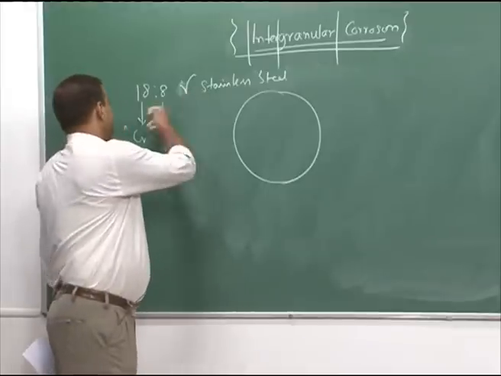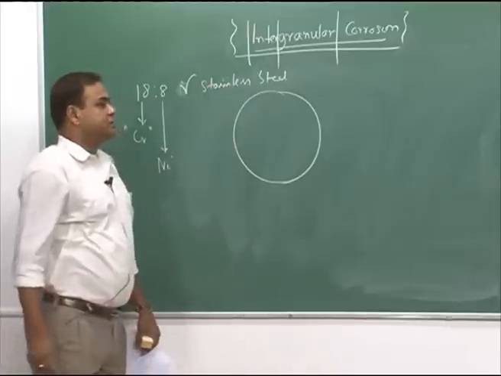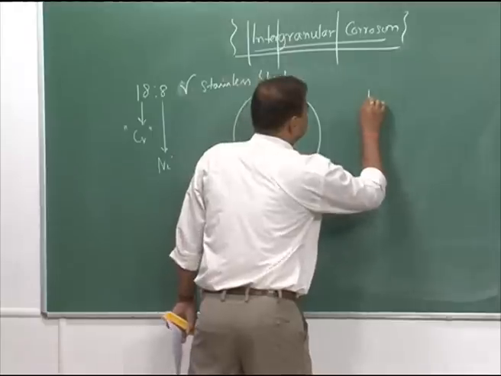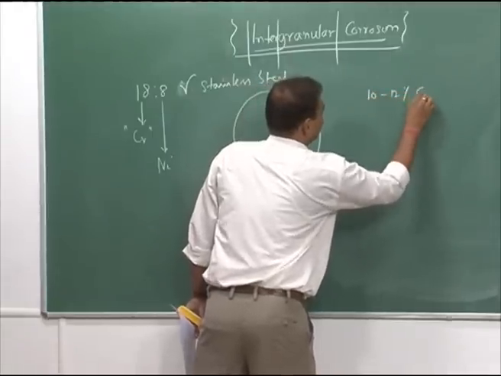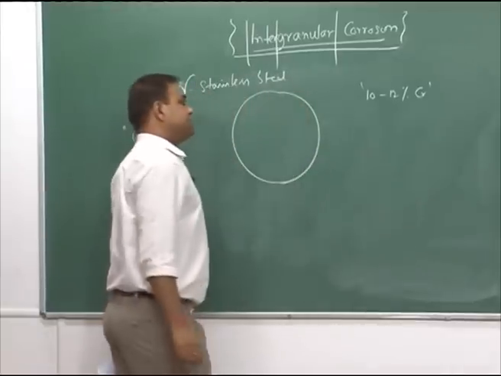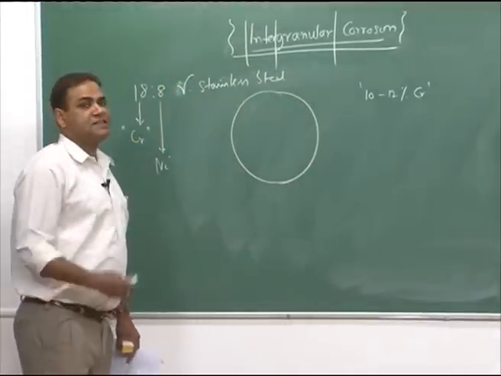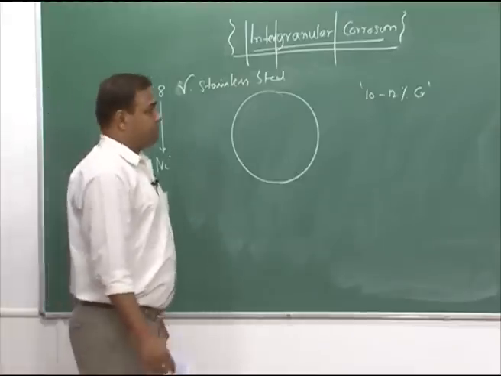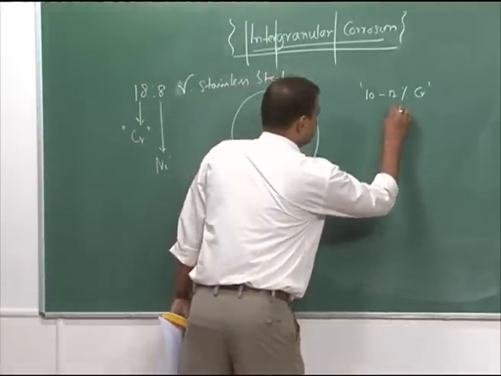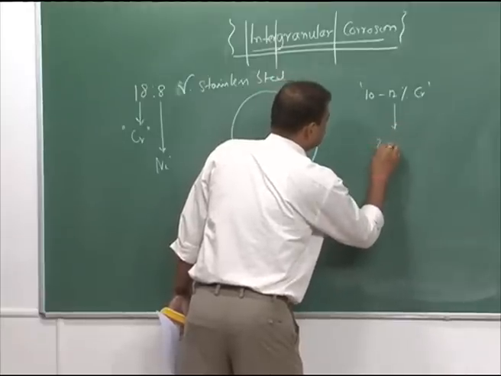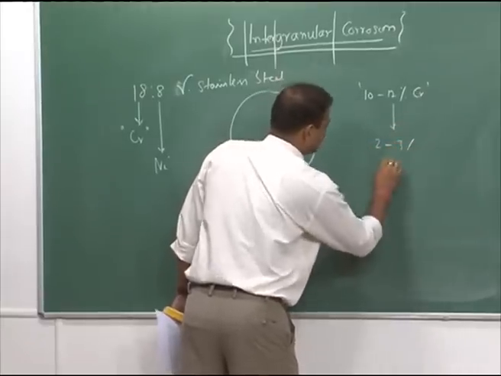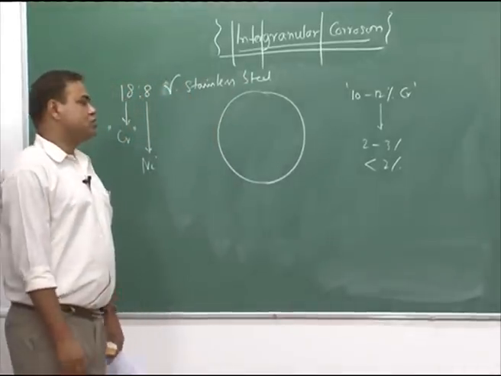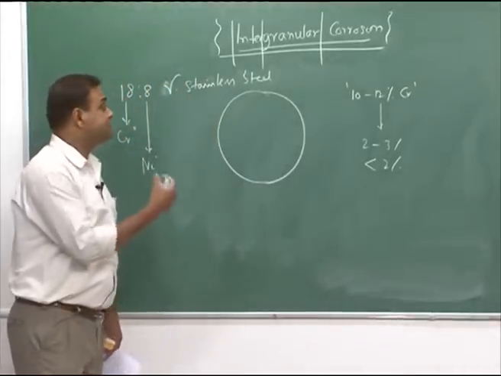So, the chromium gives the stainless property, and generally around 10 to 12% chromium in solution is needed to make the steel stainless. If somehow the chromium level goes below 2 to 3%, or below 2%, then stainlessness would not be maintained.